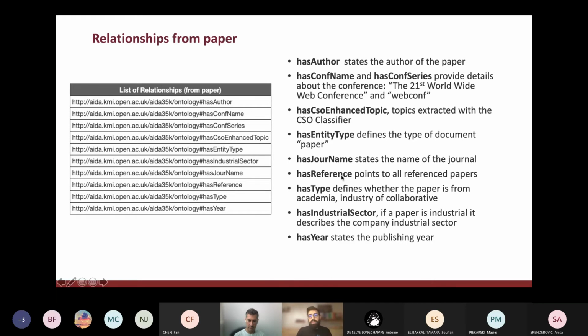So then there is as reference, which points to all referenced papers, because I don't know whether you are familiar, but at the end of a research document you put references, you put citations, you reference someone else, because perhaps what you have been describing is part of another person's work.